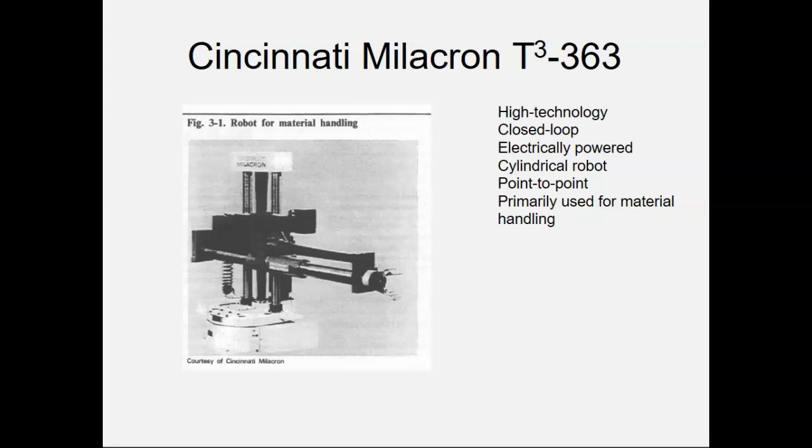It's a cylindrical robot, which means that what I should expect is that this guy can spin left to right and move up and down, maybe in and out. But he has a very limited space within a cylinder. Okay. Point to point, we have not really covered that. We're going to. And what is it primarily used for? This one's material handling.